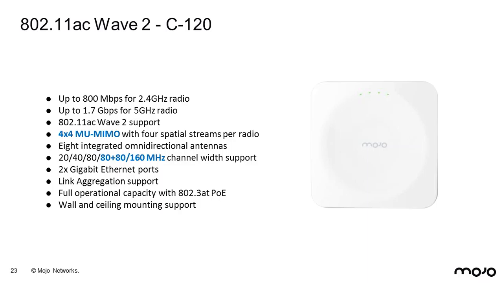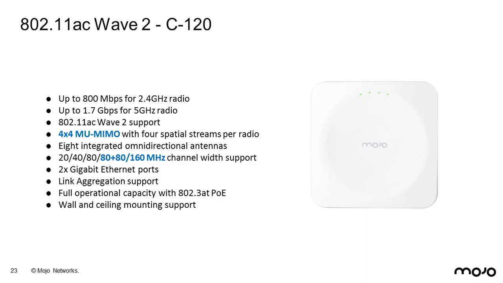2 gig Ethernet ports and so on, and fully operational with the AT PoE, but it will also operate with AF PoE with reduced functionality. Like the USB port won't be lit up, neither will the second Ethernet port, and we'll drop down to, I think, 1 spatial stream instead of 4 on the 2.4, and reduce the number of spatial streams on the 5 gig.